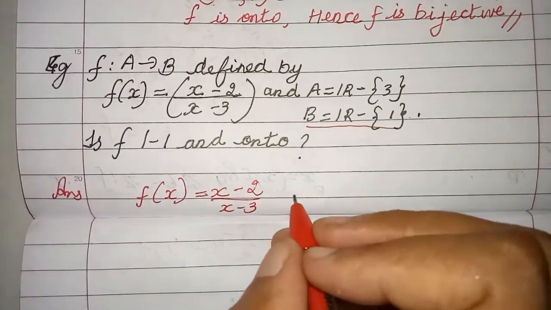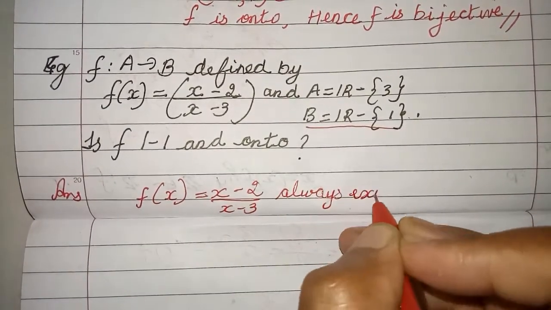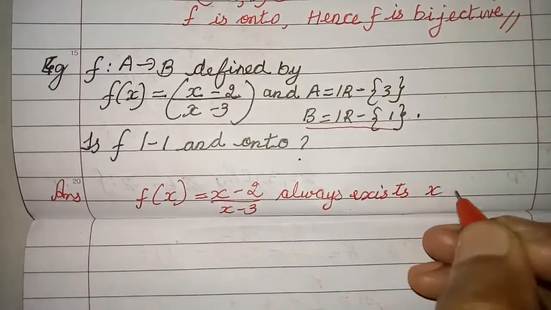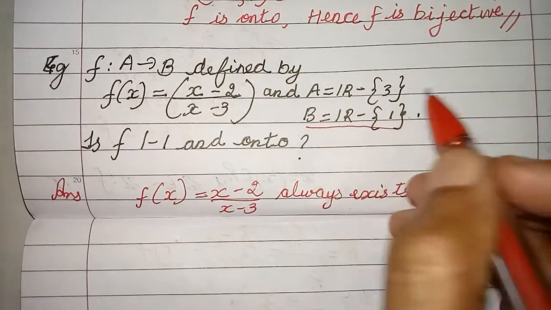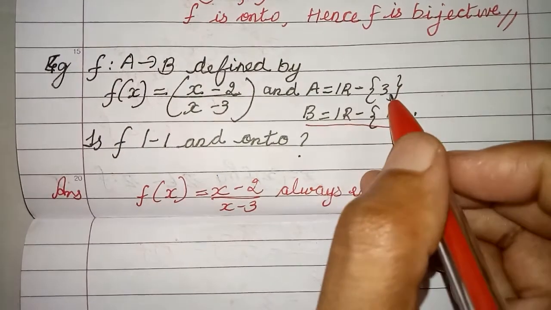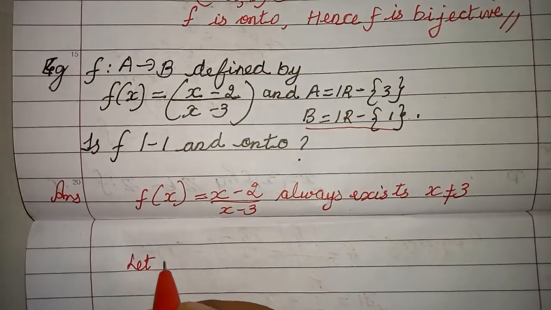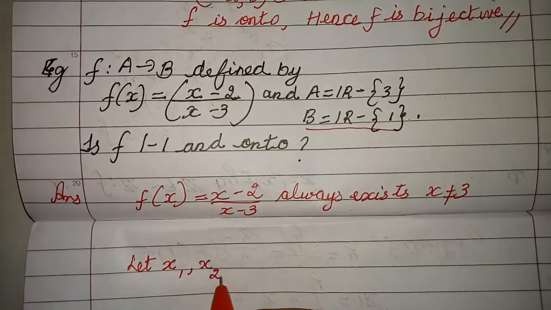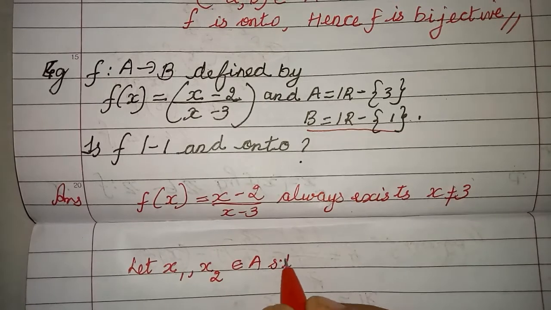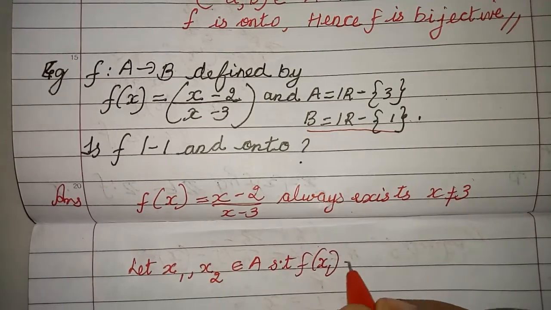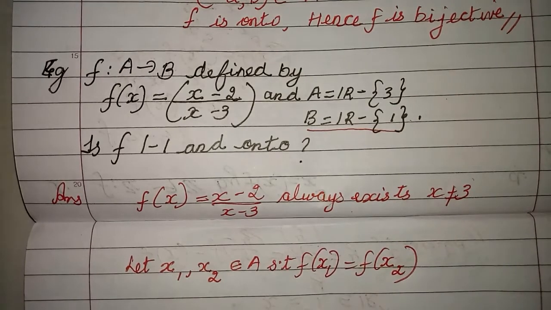This element always exists because my x is not 3, because my set A is defined in such a way that it is not taking the value 3. Okay, so let x1, x2 belong to A such that f of x1 is equal to f of x2. Now I have to land with x1 equal to x2.